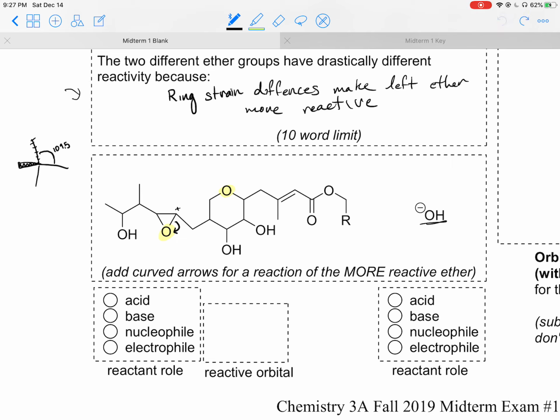So, well, we do want to do that, but we don't want to have the plus charge on the carbon. So at the same time as breaking that bond, we are going to attack the carbon with the OH group, so that the carbon never has a plus charge. The OH is attacking at the same time that the epoxide is breaking.